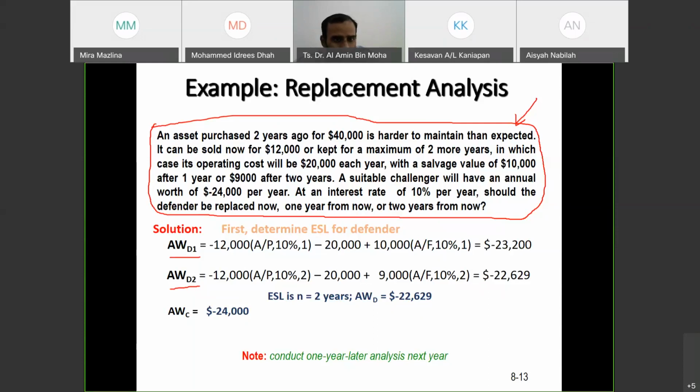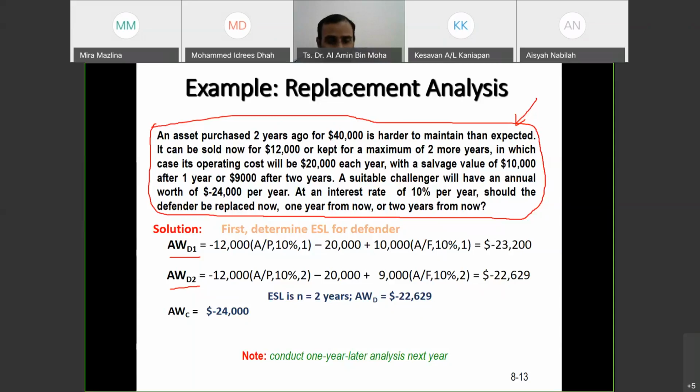But why do they calculate like this? We want to determine the ESL, the economic service life.